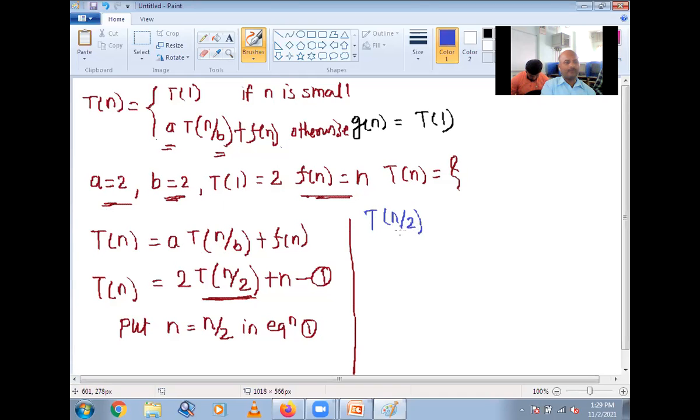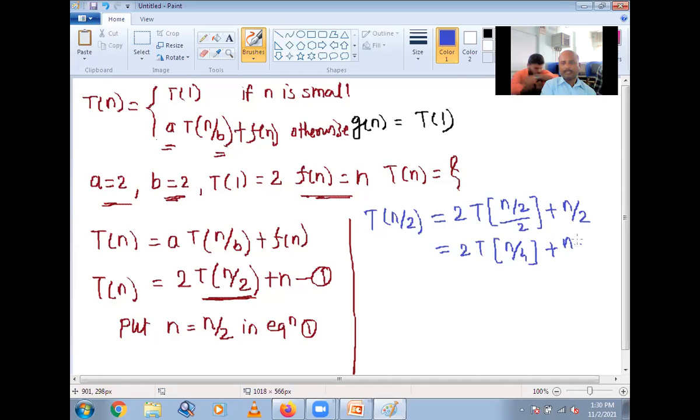Instead of n, we are putting here n by 2. We get 2 into T of n by 2 upon 2 plus n by 2. So we get 2 T of n by 4 plus n by 2. So T of n by 2 is this. Suppose this is equation number 2.